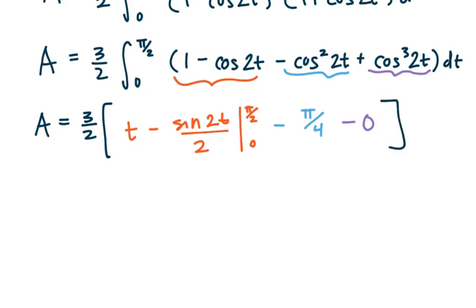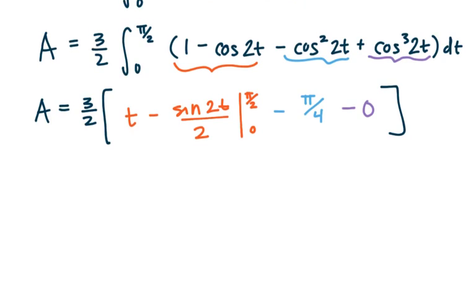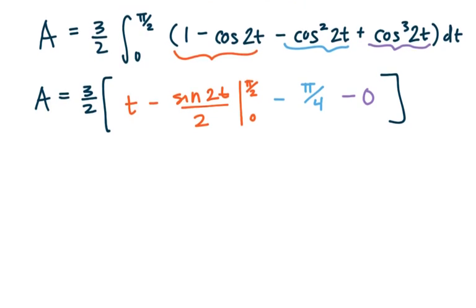Of course, we're still going to need to spread through that 3/2, distribute. So if I look at evaluating the first part, I have 3/2. I've got pi over 2 minus the sine of 2 times pi over 2, over 2, which is the sine of pi, which is 0.